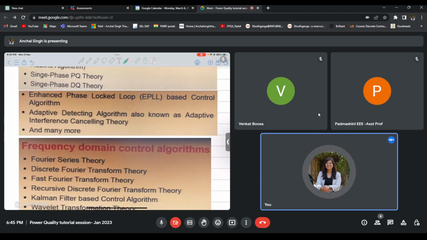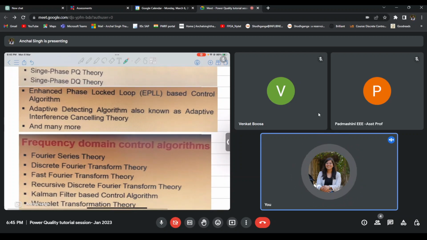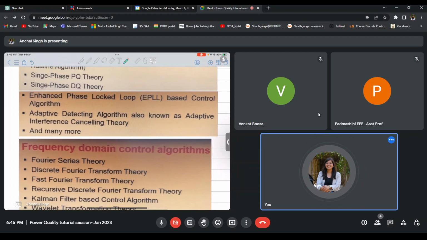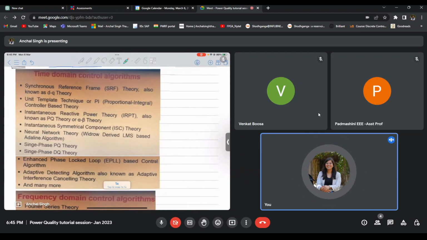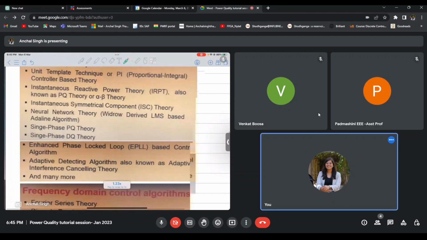The recent ones are adaptive algorithms, that is, adaptive detecting algorithm, also known as adaptive interference cancelling theories. These are only a few examples. In the literature, there are more than 1,000 algorithms already present.